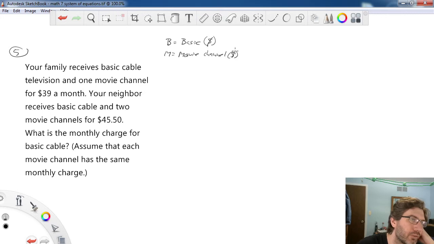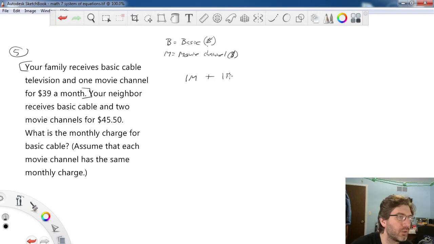These are dollar signs. So these are prices, the price of your basic cable and the price of your movie channel. And we know that according to our first sentence here, 1 movie channel plus 1 basic cable has to equal $39.